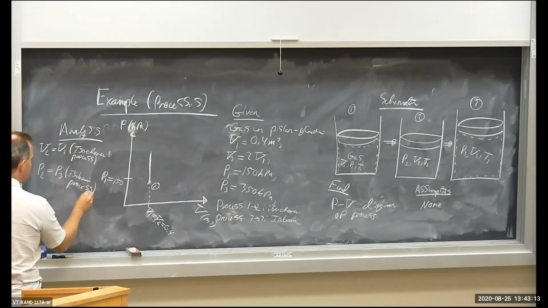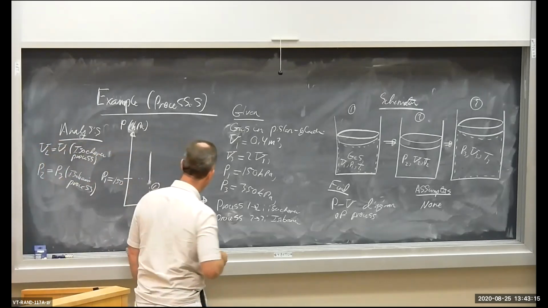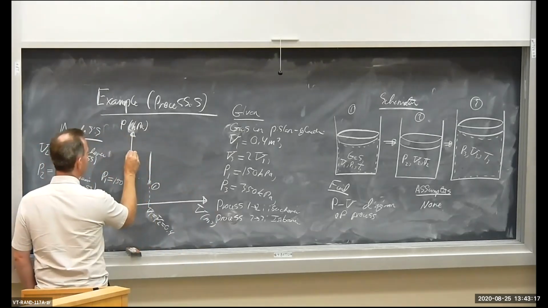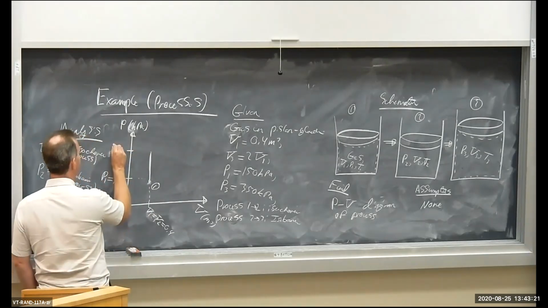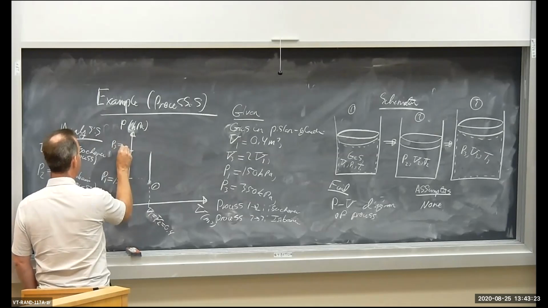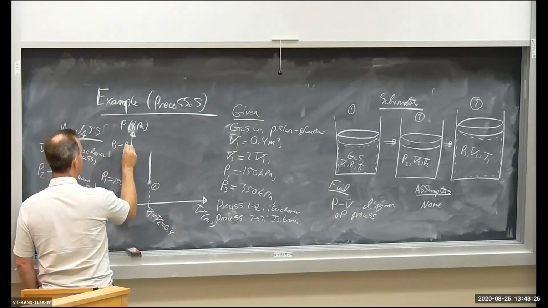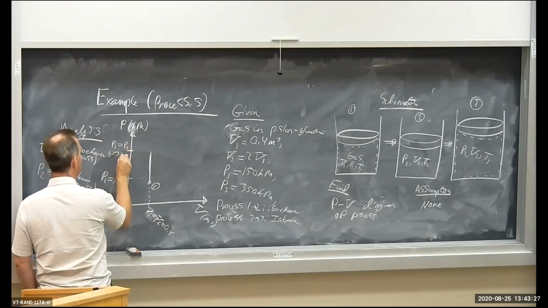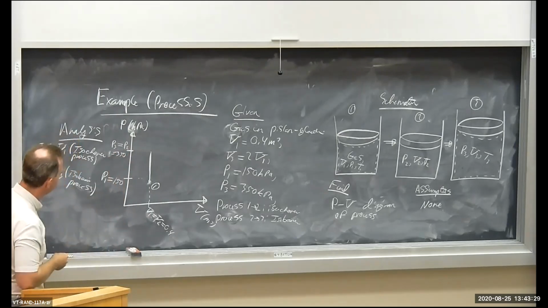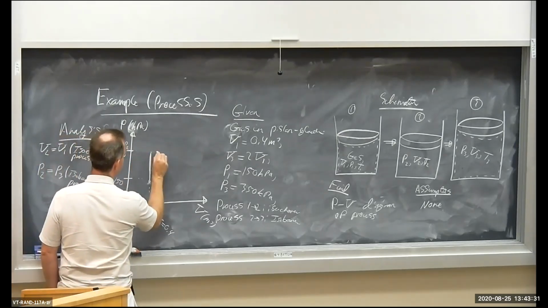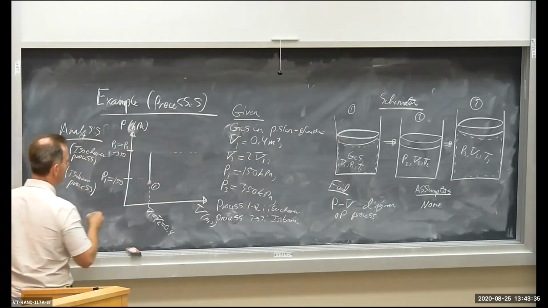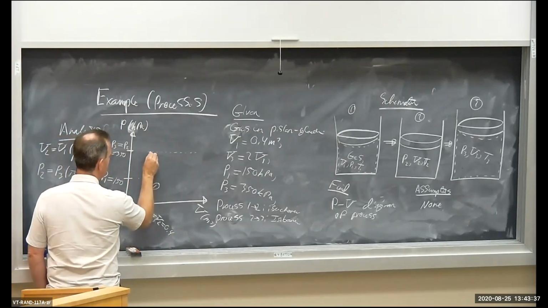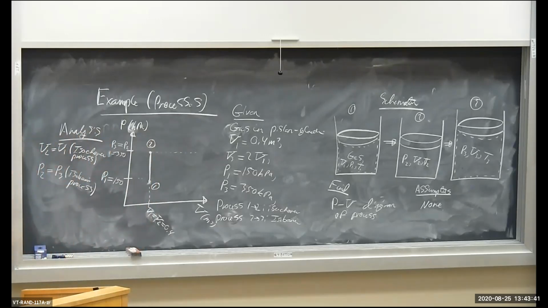So let's put P3 in. P3 is 350 kPa. So P3 is actually equal to P2, which is equal to 350 kPa. So here's 350. State 2 must be right here at pressure P2, which is equal to P3.